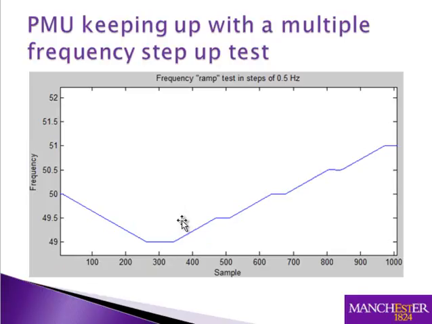One where you apply a 0.5 hertz step, and the PMU has to keep up with the frequency estimation. And one, this is called level 0, and level 1 where it's more strict, you have to apply a 5 hertz step. I mean, the PMU doesn't cope with the 5 hertz step, but it does cope with the 0.5 hertz step.